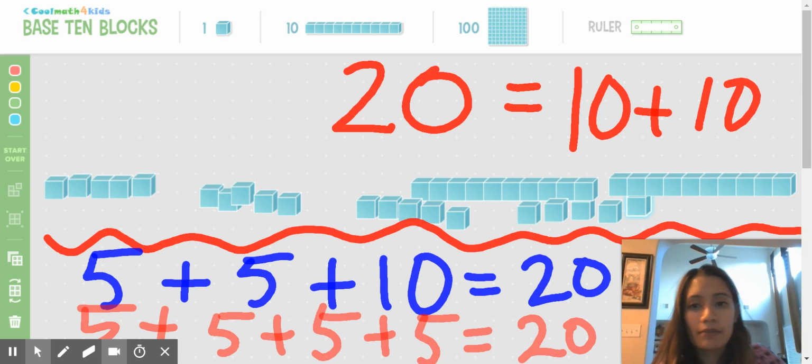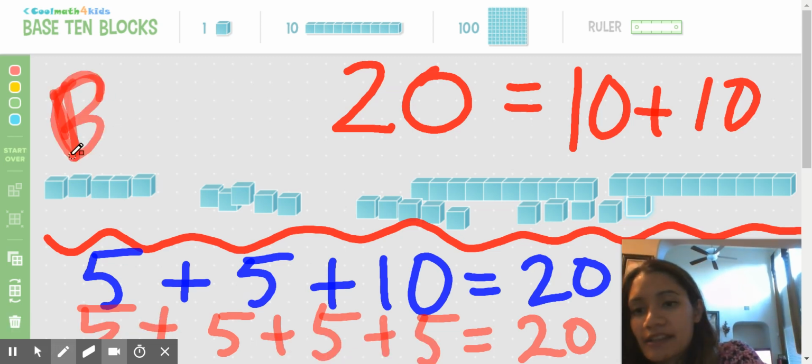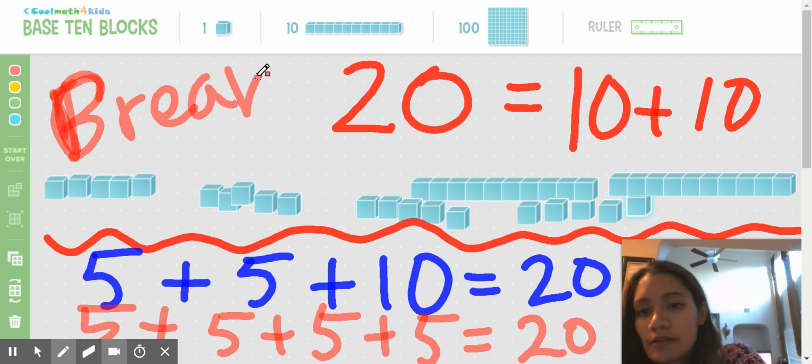So as you can see, there are multiple ways that we can decompose. Decompose, remember, we break down the numbers to make a total.